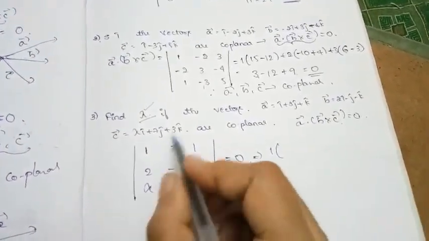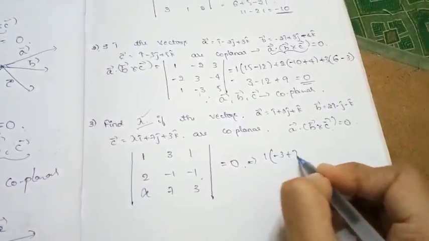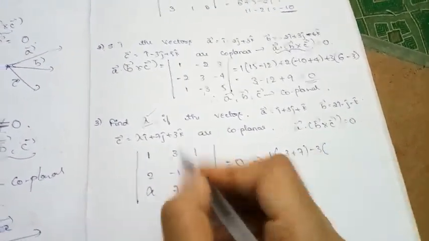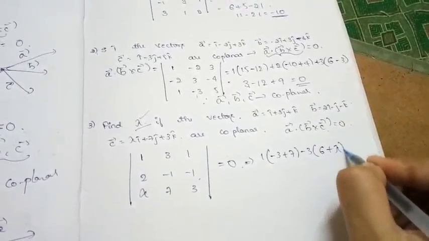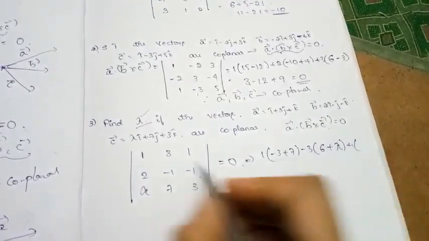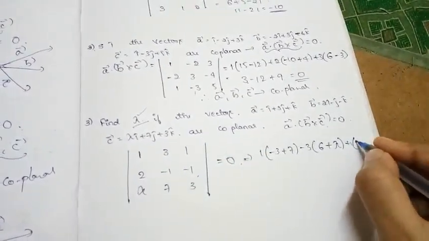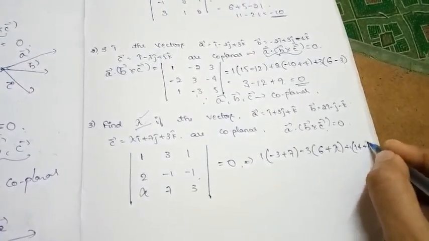So 1 of -3 plus 7 minus 3, it is nothing but 3 times 2 is 6, minus of minus plus lambda plus 1, 7 times 2 is 14 plus lambda.